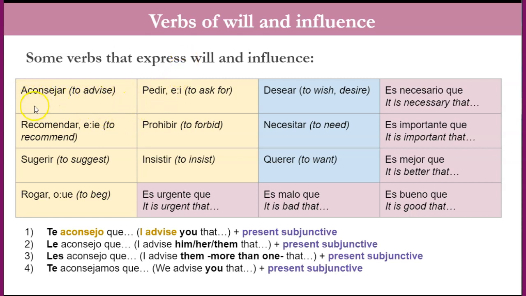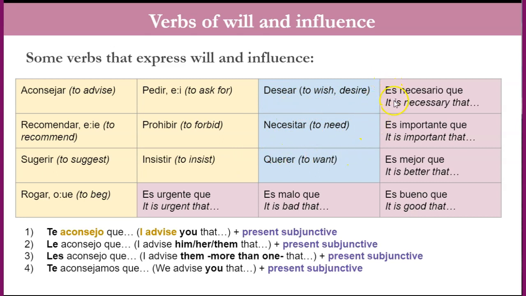You're expressing will or influence when you're advising somebody to do something. Recomendar, to recommend. Sugerir, to suggest. Rogar, to beg. Pedir, to ask for. Prohibir, to forbid. Insistir, to insist. Desear, to wish or desire. Necesitar, to need. Querer, to want.